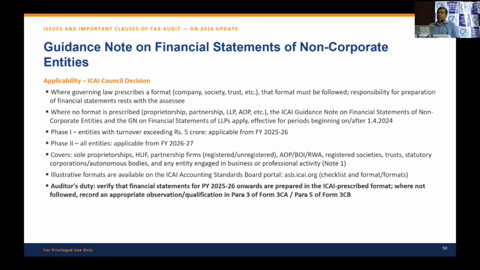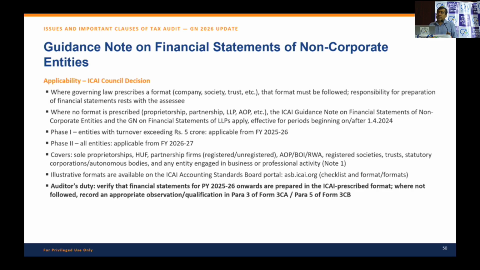A few other important aspects of tax audit. I think we've discussed this in detail when it comes to financial statements of non-corporate entities concerned. One important point which I would want to highlight in case of NCE is, of course, there is a notification which is giving deferral. I mean, it is applicable to only limited sets of entity now and next year.